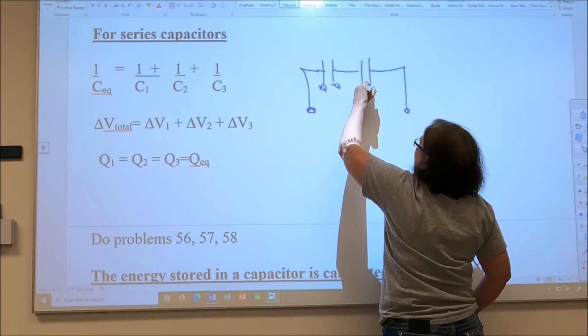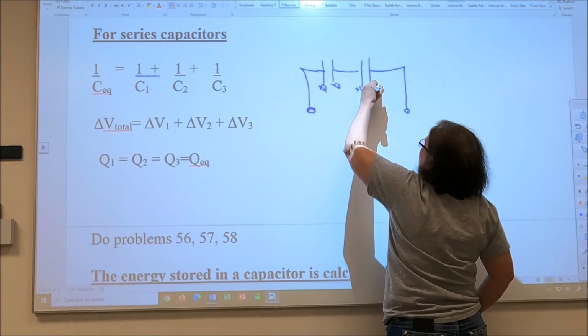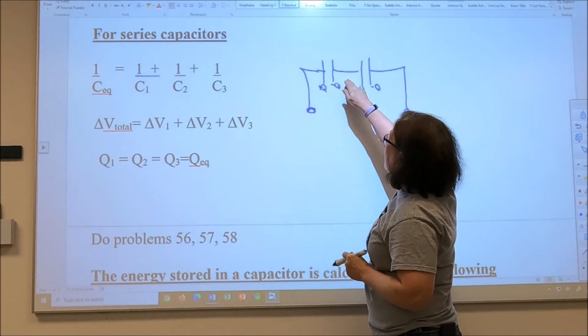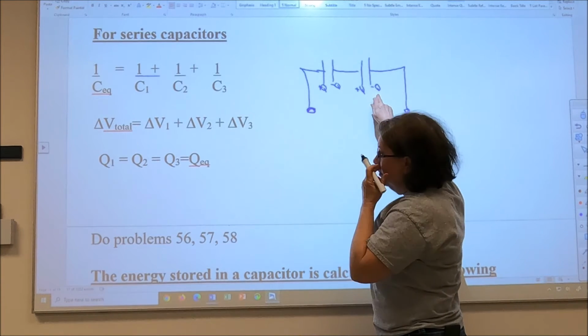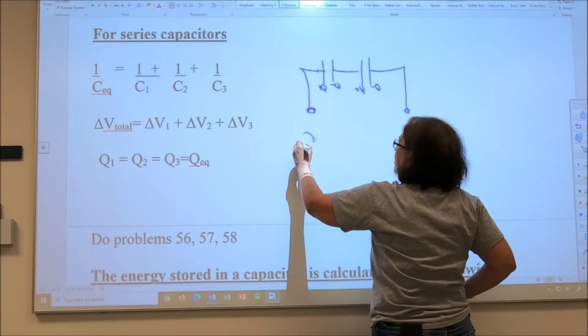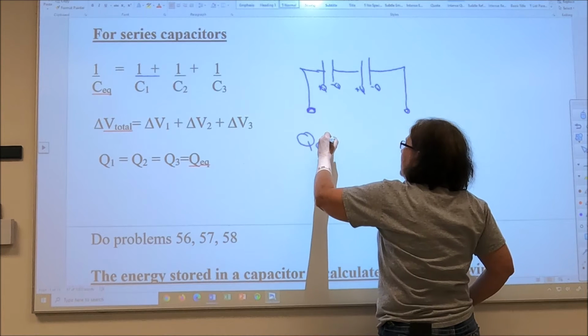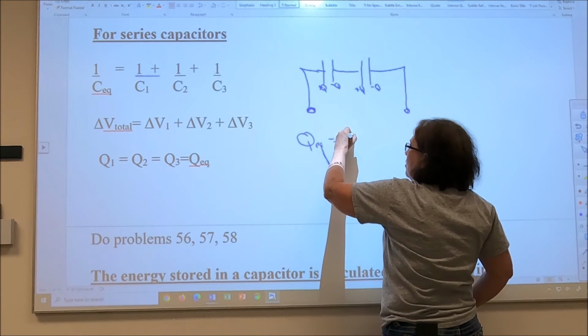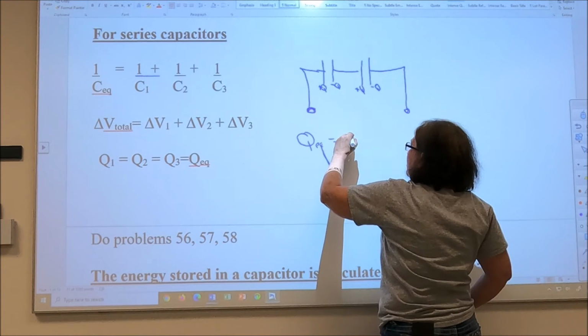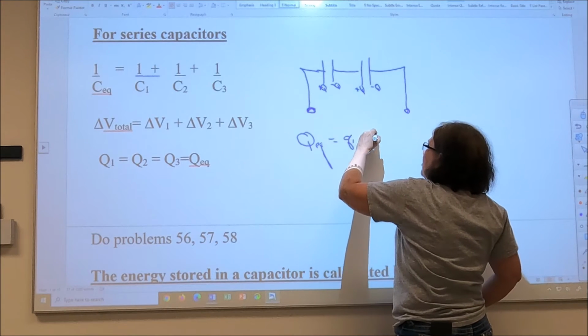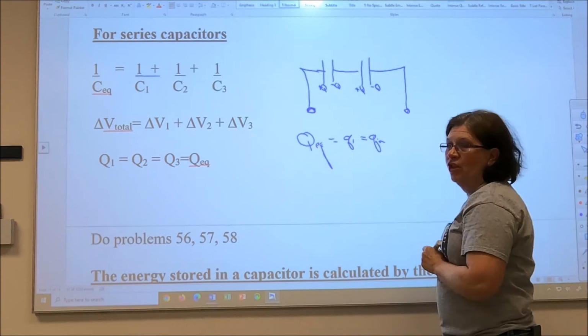This will end up being plus Q, and this will end up being minus Q. So the charge on all the plates is going to be the same. The Q equivalent is just going to be equal to Q1, which is equal to Q2, whatever the charge is.